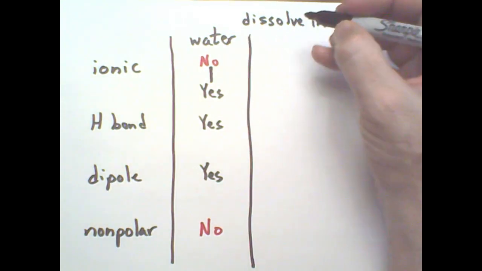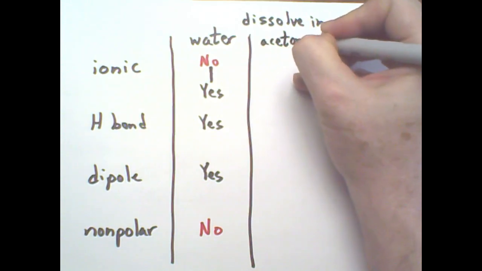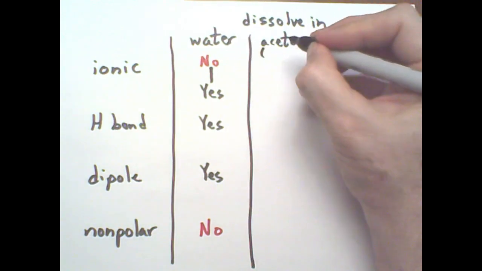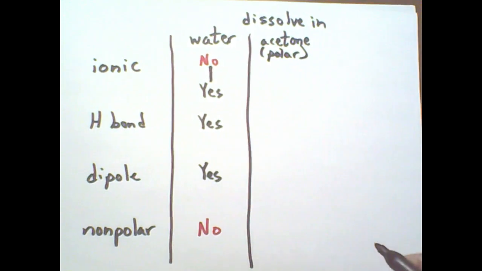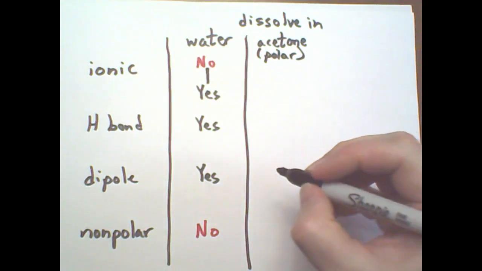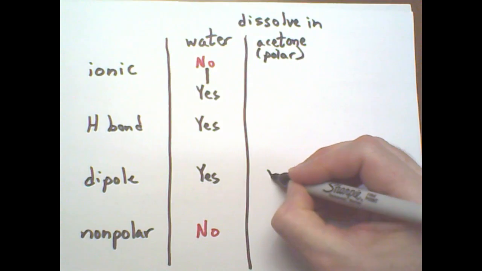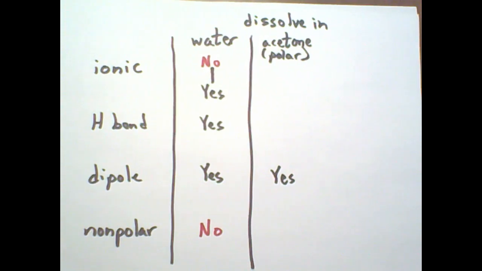What if we move to a polar solvent? It's got that ketone in it. It's a polar solvent that can form dipole bonds. Well, that's going to dissolve other polar molecules very well because the bond strengths are equal, and so the mixing takes over.